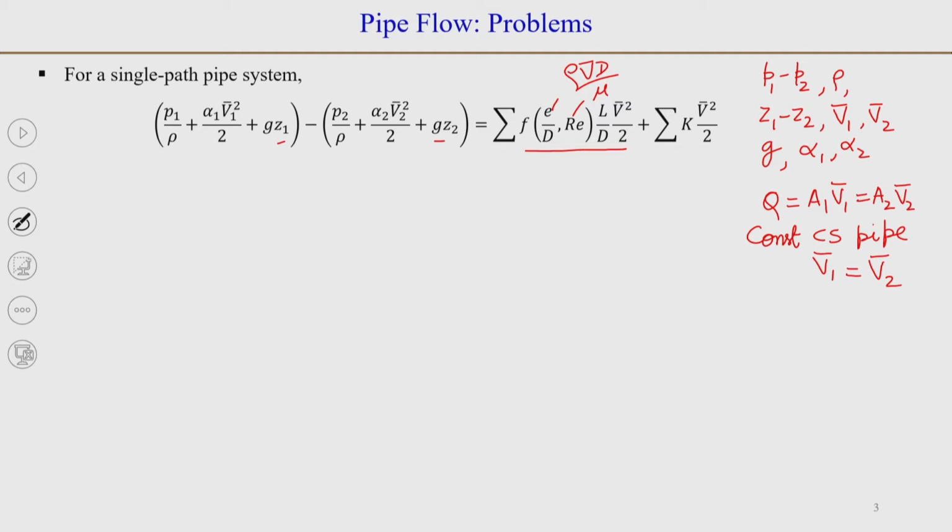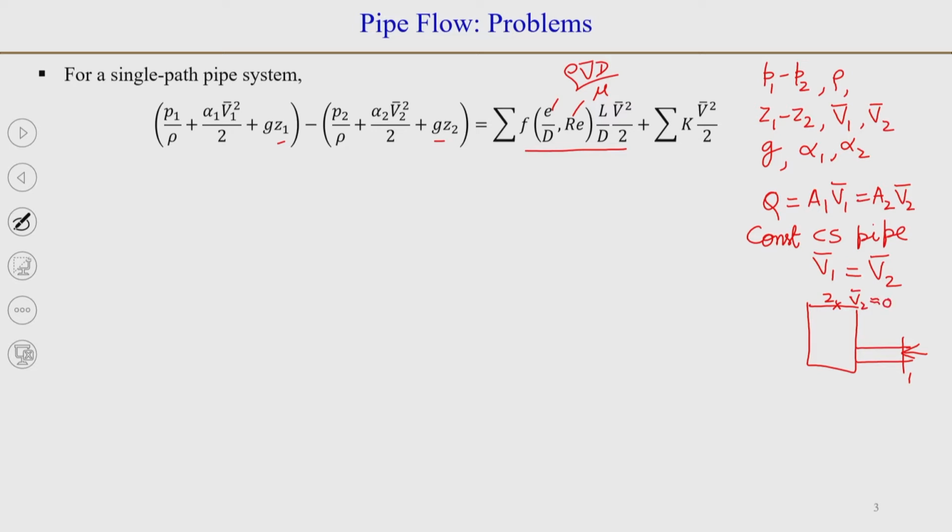Other case might be that you have a pipe connected with a reservoir, and let us say the flow is coming into this reservoir or is going out of this reservoir. So, in this case, let us say point 1 and point 2, and because the reservoir cross sectional area is significantly larger, you will have V2 close to 0, very very less than V1.